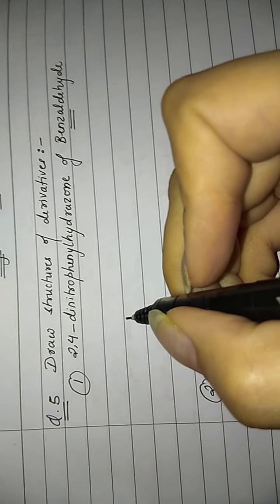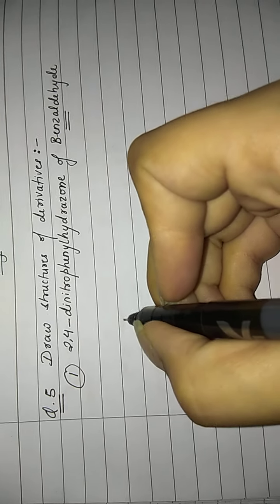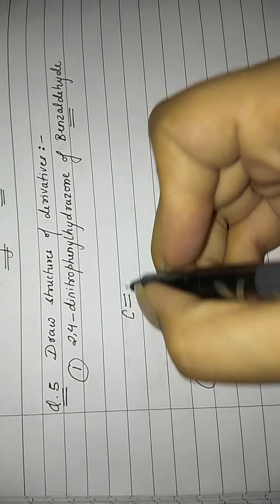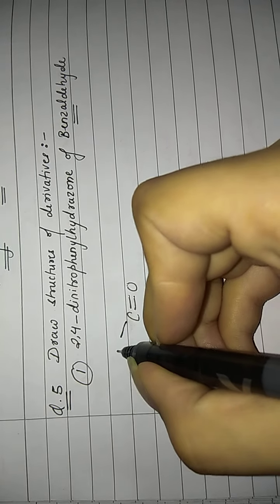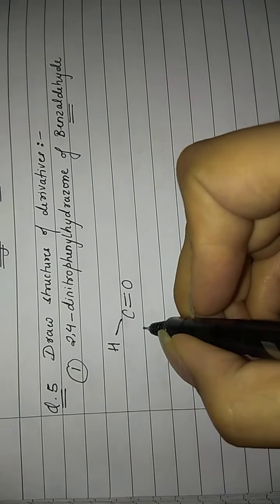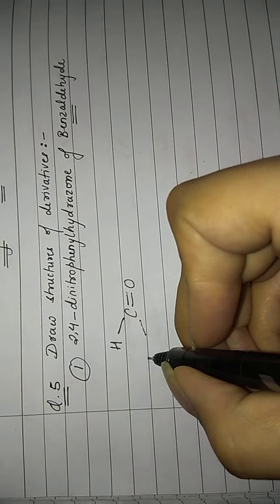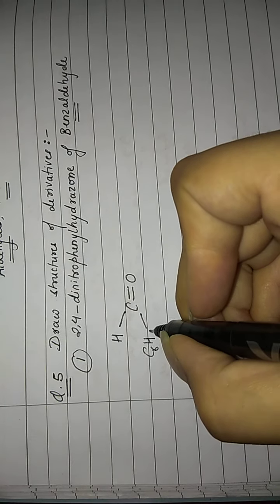2,4-dinitrophenyl hydrazone of benzaldehyde. First of all, how are you going to draw this particular compound? We know that benzaldehyde consists of a C double bond O group. So first of all, I draw that group, C double bond O. Now I know that on this carbon atom I have one H and one C6H5 group.